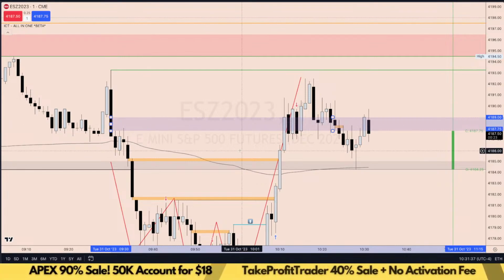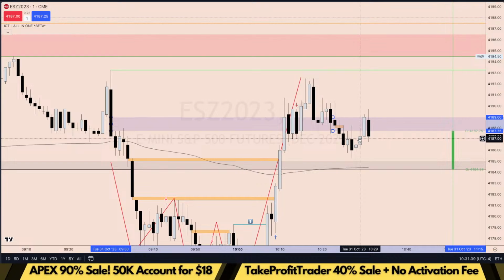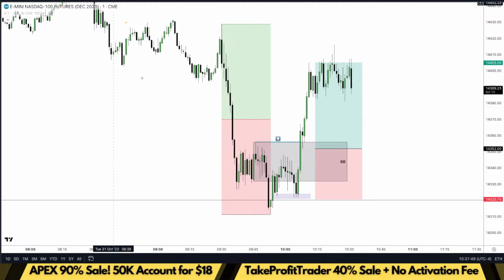We have a teeny weeny little fair value gap here on the 1 minute time frame. I want to see that being supported, but if we close below it, it's not a good sign for the order flow, at least for right now.